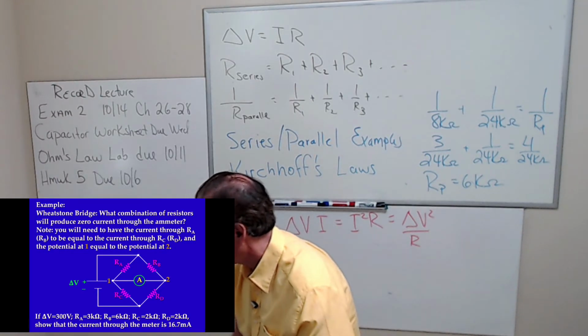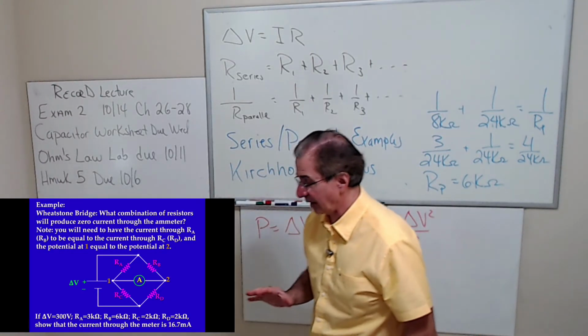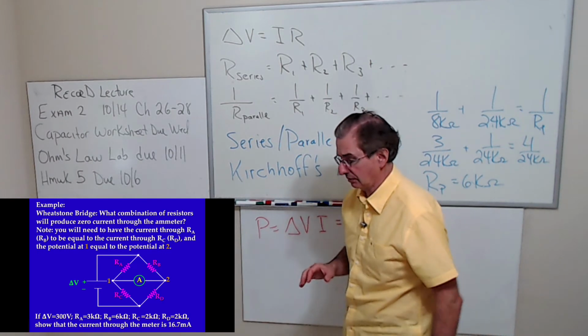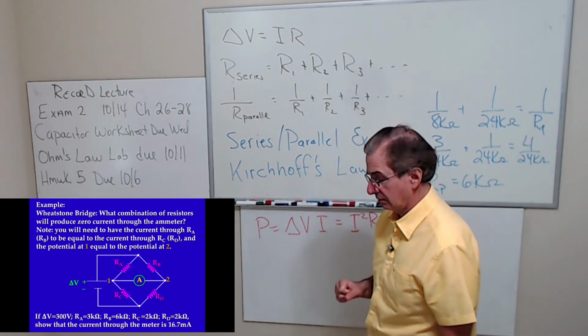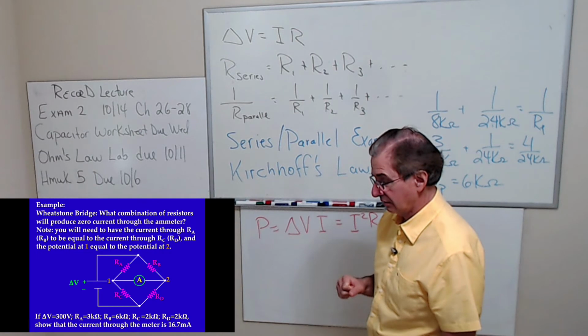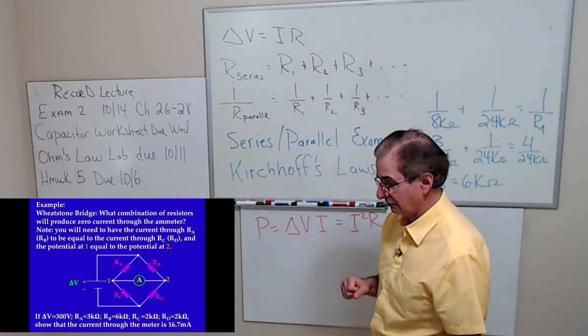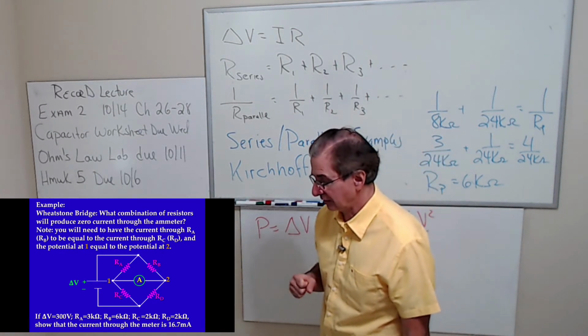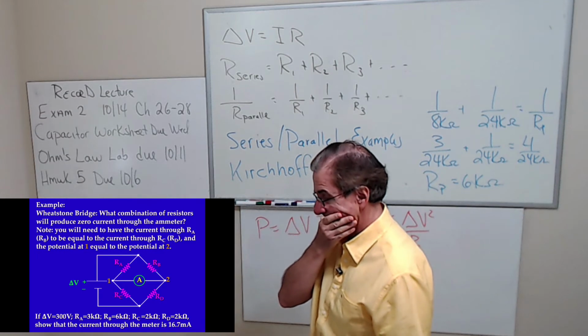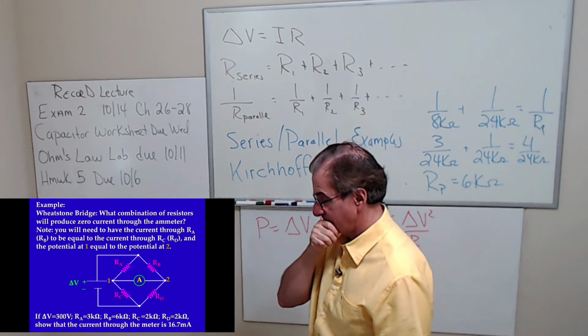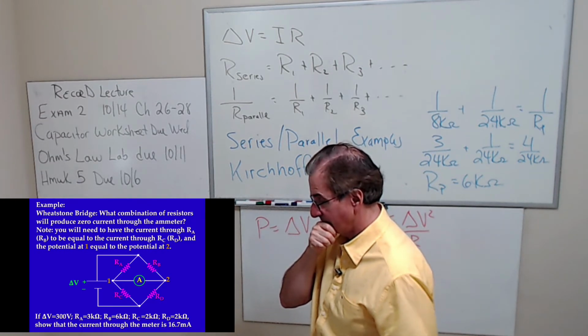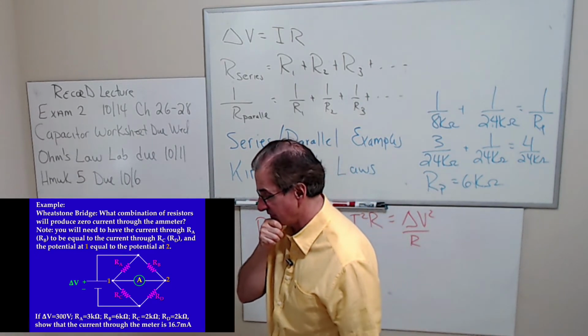Now, I'm going to assume the ammeter is ideal. What does that mean? What does it mean if the ammeter is ideal? Yeah, the ammeter has no resistance.